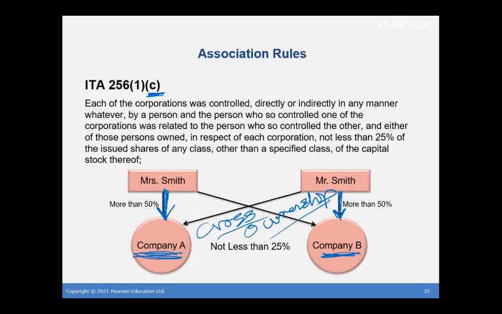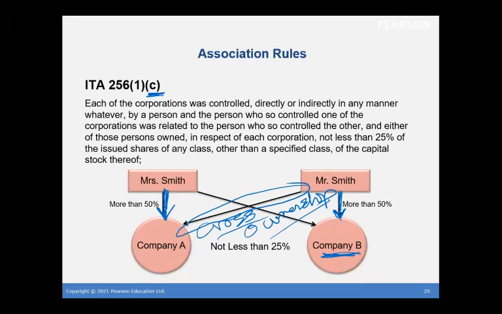One spouse can own a company and the other spouse can own a company, and that's fine. However, where this gets caught in these association rules is when there is a cross ownership. It doesn't have to crisscross like in this picture. So it's not crisscross, it's just cross. So any one of these arrows would be enough. So you just need Mr. Smith to have that cross ownership or Mrs. Smith to have that cross ownership.